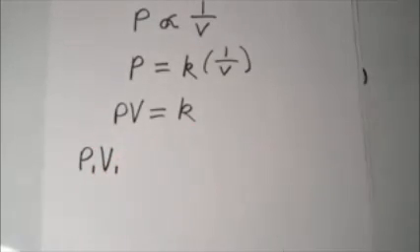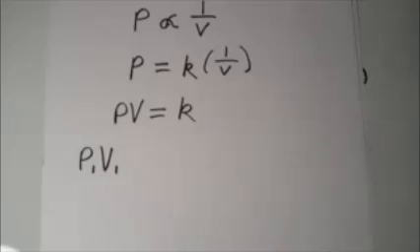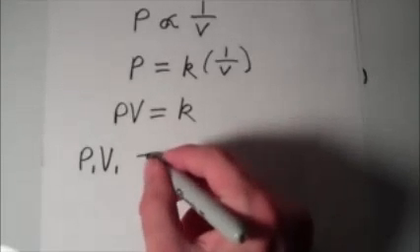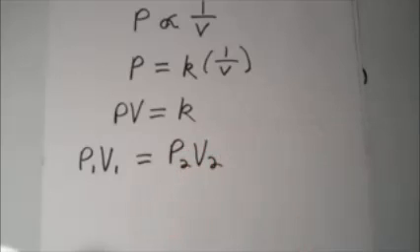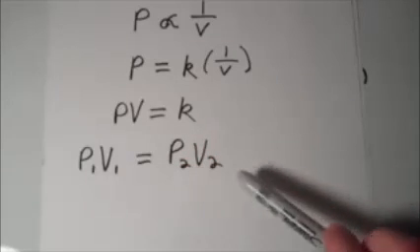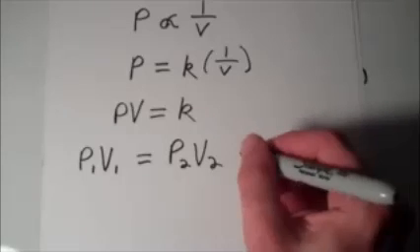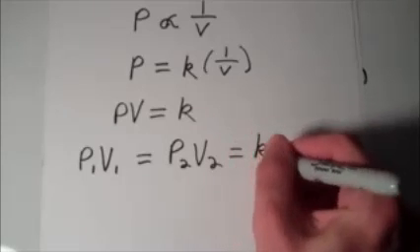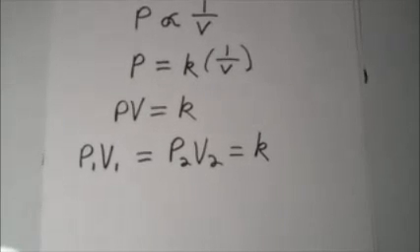If I have the state of a gas in which it's at initial pressure and initial volume, if I multiply those together, then I'll get P2 times V2, which is the pressure and volume of another state of the same gas, which is just going to be equal to the same constant K. Remember, this all assumes that the temperature and the amount of the gas are kept constant.